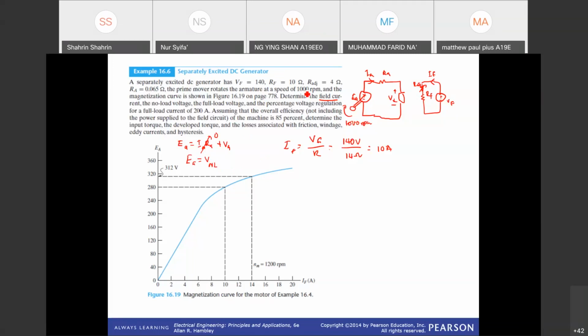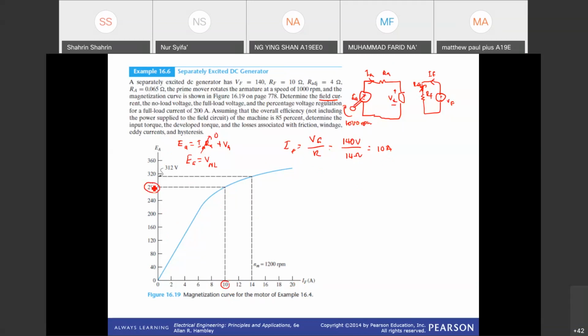So right now the motor is running at 1,000 RPM. This graph shows the EA against the IF. So right now my IF is 10 ampere. From here we can see from the graph that when your current is IF, the voltage induced is actually 280 volt.